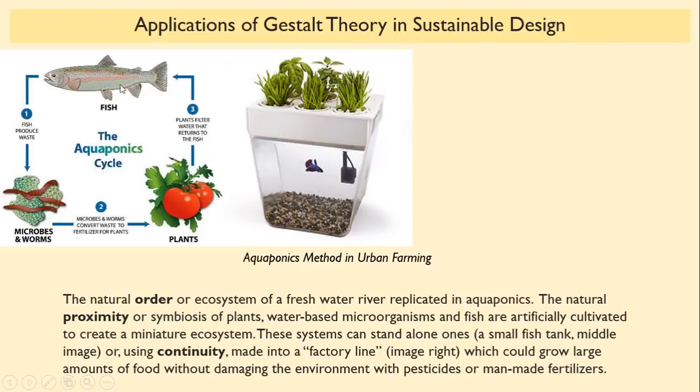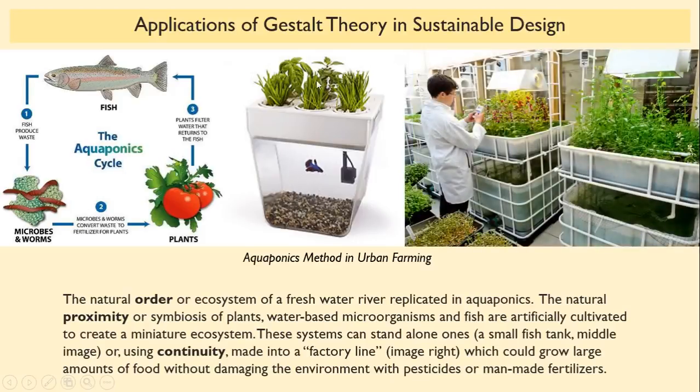So you're basically copying the order of a river ecosystem, right? And you're actually bringing these separate parts closer together, like in a single tiny unit of an aquaponic aquarium, right, to create a small little ecosystem in your home, right?